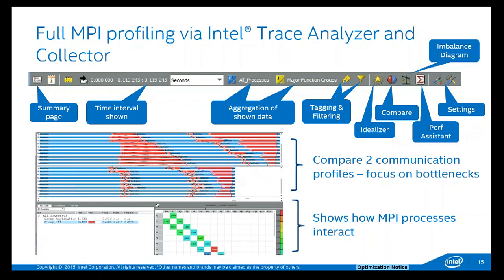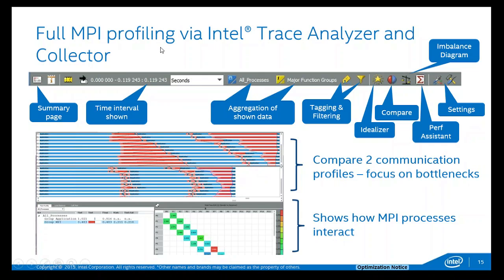It also does comparison. After I fix the problem just by using non-blocking communication, it gives you a quick overview comparison between the initial run and the after-optimization run, the run after I changed the code, to see how they compare.